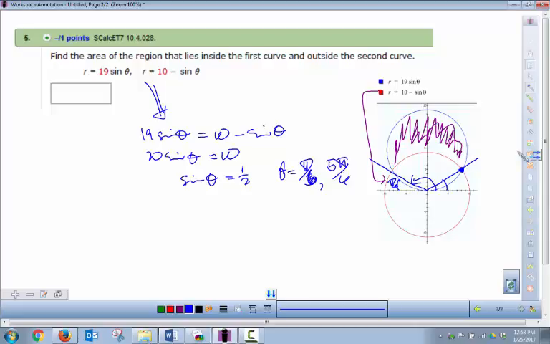Now, the formula that we had just found area within polar coordinates, but now we're talking about two different sections. So if you imagine a sector, let's go back to the formula for the sector.